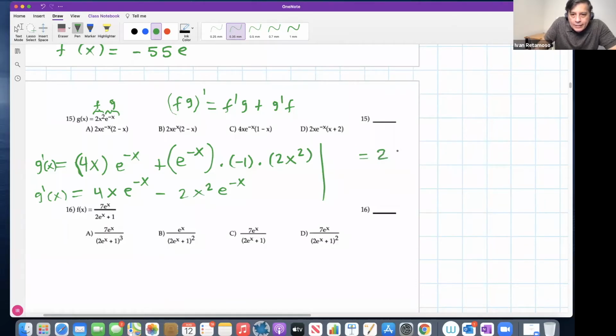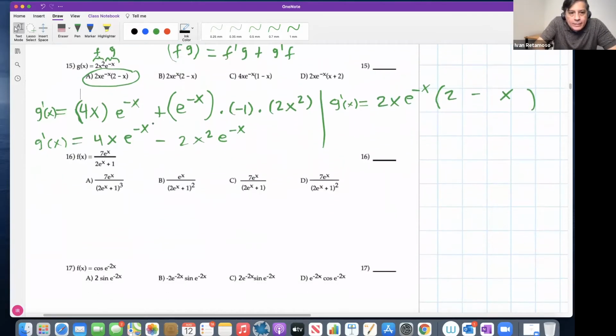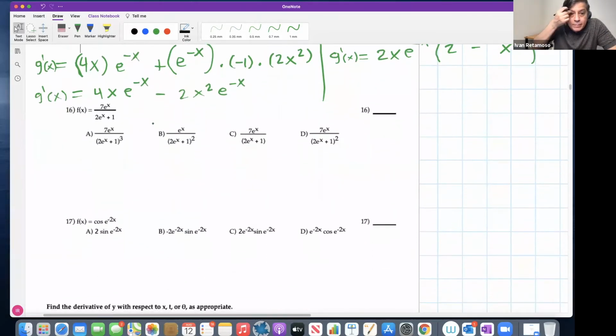For x and x squared, take the one with the smallest exponent, x. This part is the same, e to the minus x, so let's factor that out too. This guy into this guy is just the number 2, minus this guy into this guy is just x. So 2 minus x. That's it. That is the derivative of this function. Very good, guys. Moving on. Let's do one more and we can take our first break.